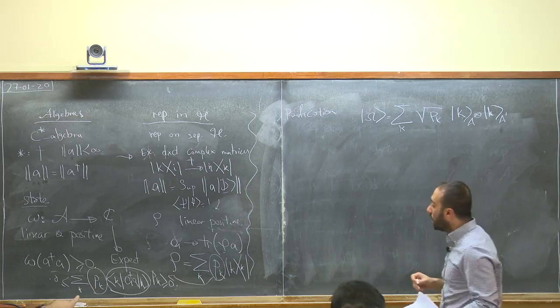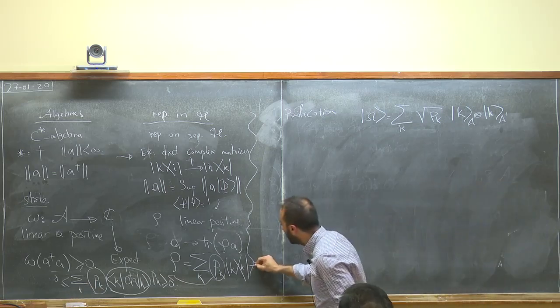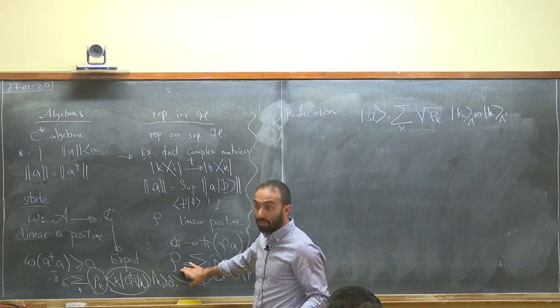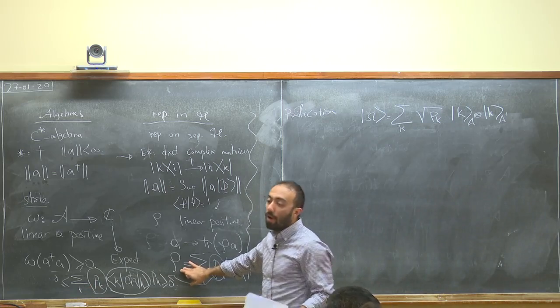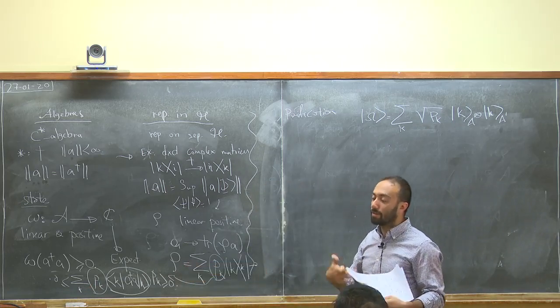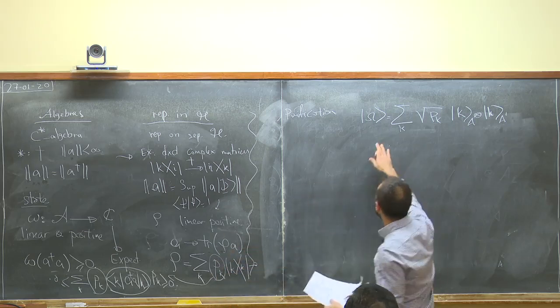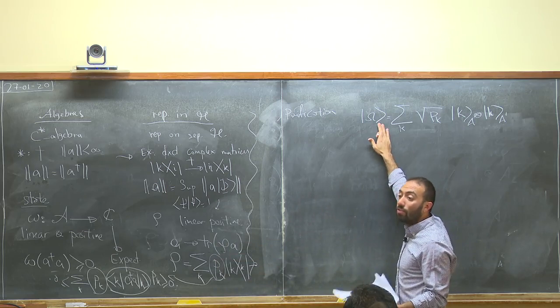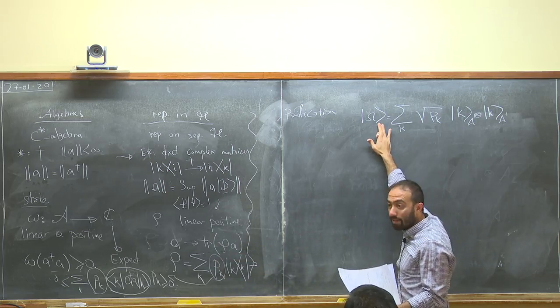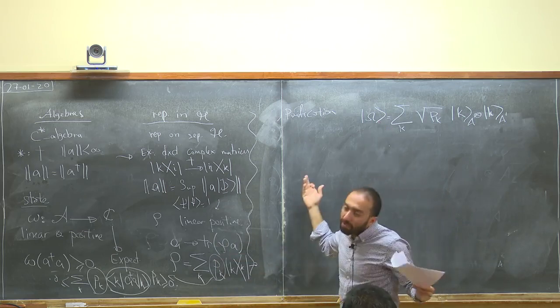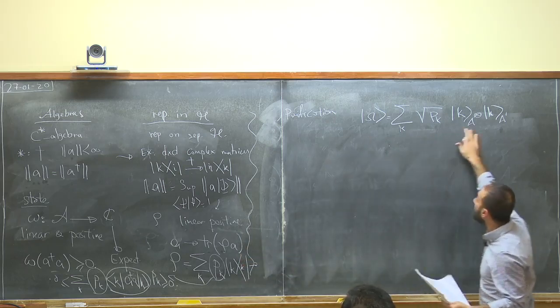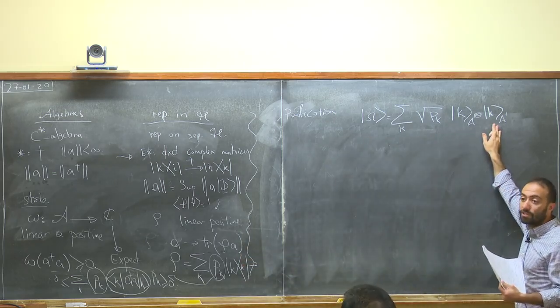What is the statement? Purification of what? This is a density matrix. A density matrix always admits a representation: the information content of a density matrix could be represented using a pure state of a duplicated Hilbert space. Exactly. But this is a canonical purification I wrote down.